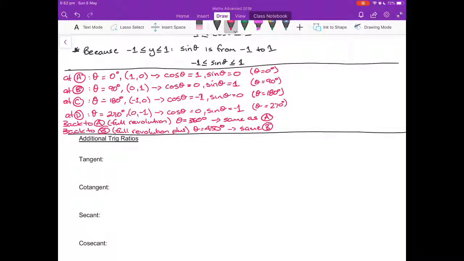Okay, so 0 and 360, same values. 90, 450, same values. If I was to go 180 and the next one around, which is back to C again, which will be 540, they're going to be the same. Okay, and it just keeps going around that circle.